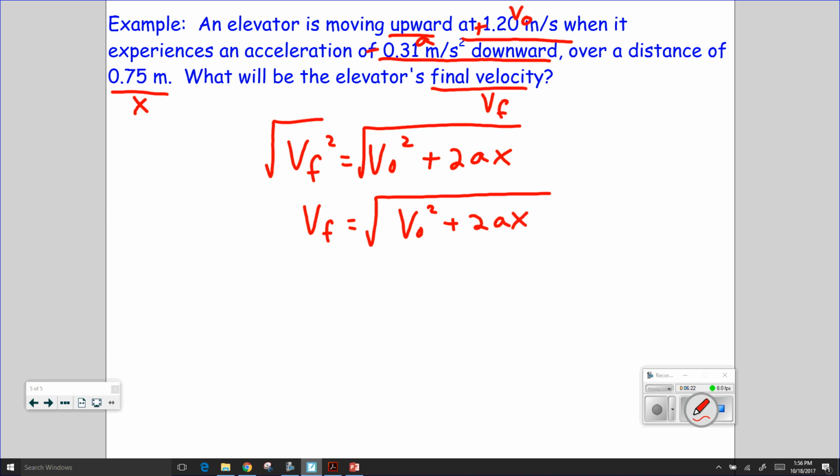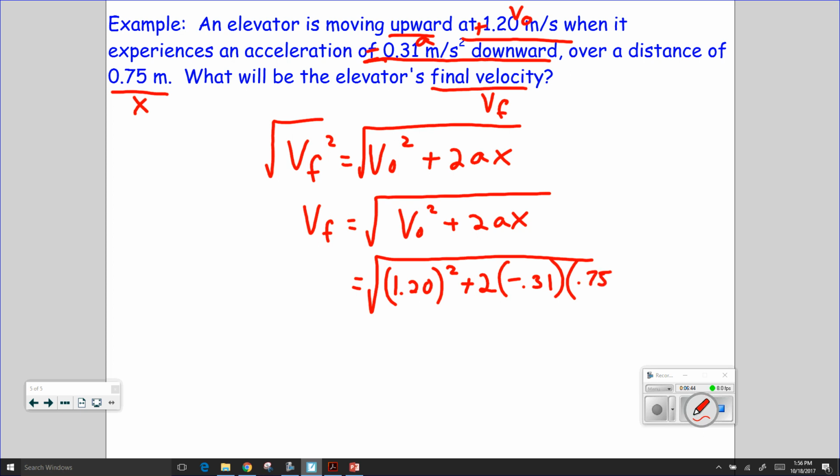And now I'm ready just to plug in my variables. So I'm going to have 1.20 quantity squared plus 2 times negative 0.31. Make sure it's negative because you're going downwards for acceleration, and 0.75 for the displacement.